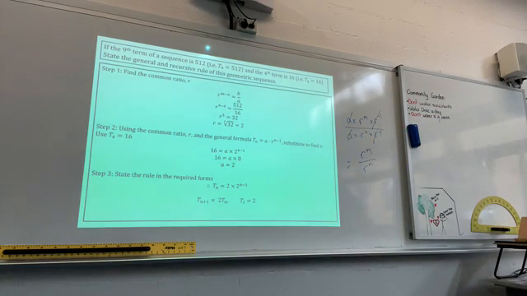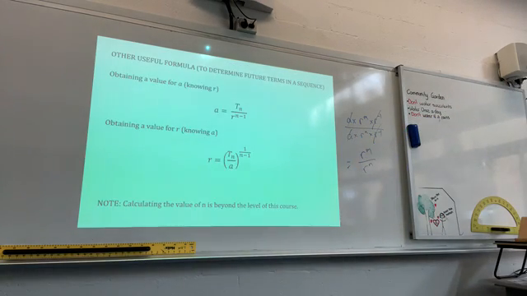All right. Next one. Again, these are not in your notes, but you should be able to derive it. So you know that Tn equals a times r to the power of n minus 1. Therefore, a, the first term, is Tn over r to the power of n minus 1. Correct? So it's just rearranging. Again, obtaining a value for r, knowing a, is again rearranging.